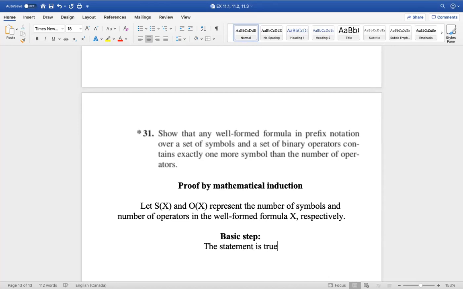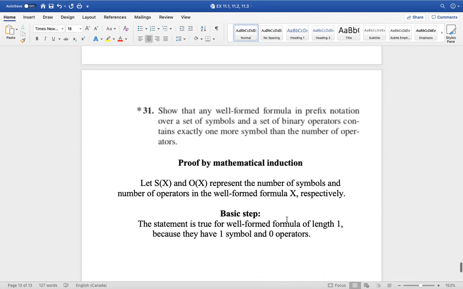The statement is true for a well-formed formula of length 1 because it has one symbol and 0 operators. Because this is a simple one, it only has one symbol. It doesn't have any operator. So therefore, it is a well-formed formula.